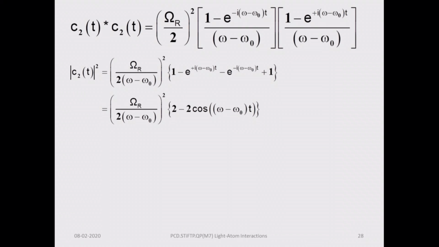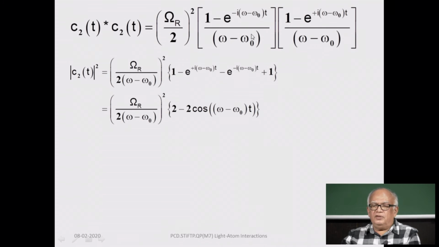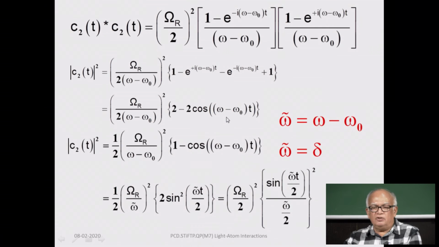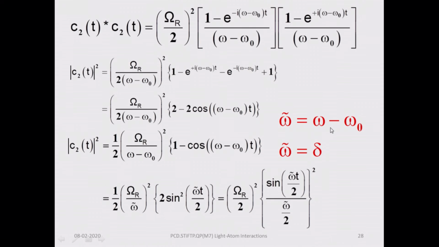So, you work out this product of these two terms, one is the complex conjugate of the other, multiply it out, you get a term which is 1 minus cosine of (omega minus omega 0)t, which you can write in terms of the sine square of omega tilde t by 2, omega tilde being the difference in the two frequencies, okay. So, I have used the symbol omega tilde over here, later I might use the term delta over here, but basically this is the difference frequency.